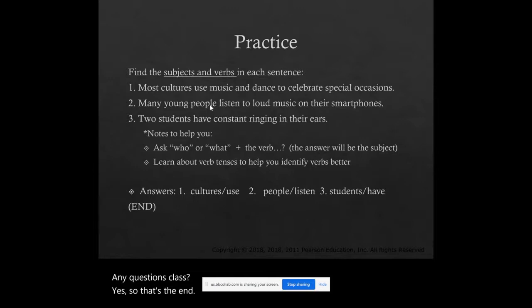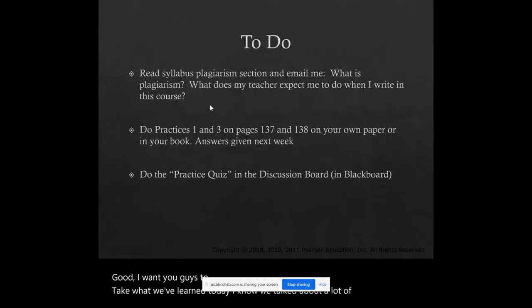So what we're gonna do, let's see, how are we doing? Okay, good. I want you guys to take what we've learned today. I know we talked about a lot of things. I want you to take your notes on what you learned today, and when you get your book, there's a couple of practice activities in your book. I want you to do those. In the practice activities, you're going to be circling the simple subject.